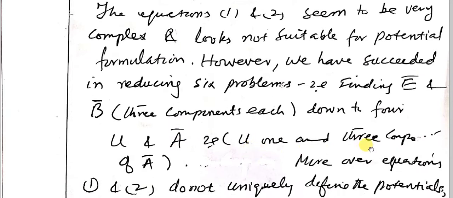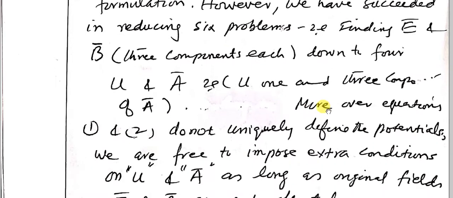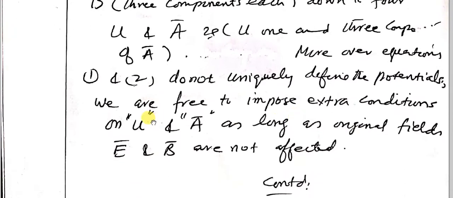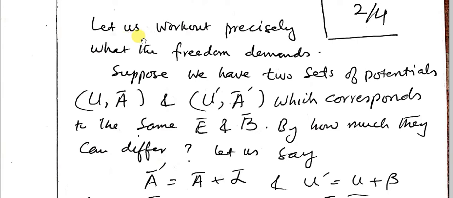Moreover, equations 1 and 2 do not uniquely define the potentials. We are free to impose extra conditions on U and A as long as the original fields E and B are not affected.